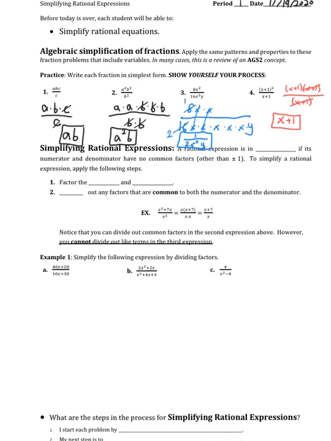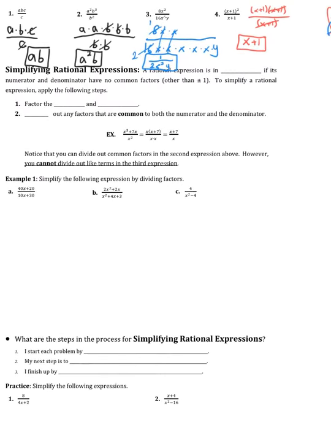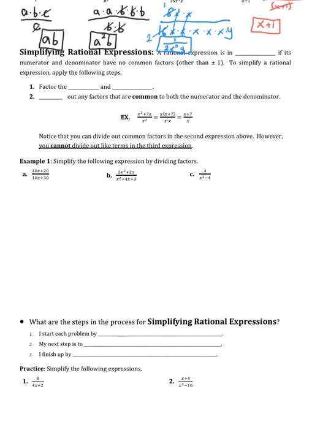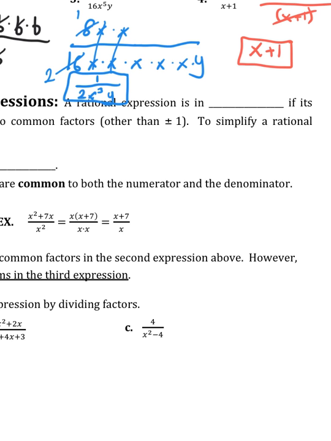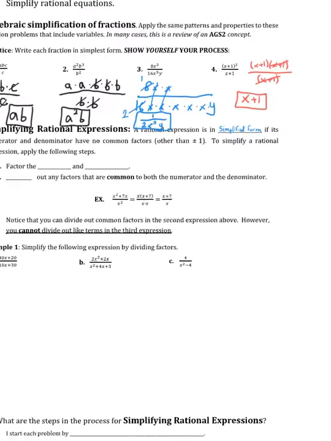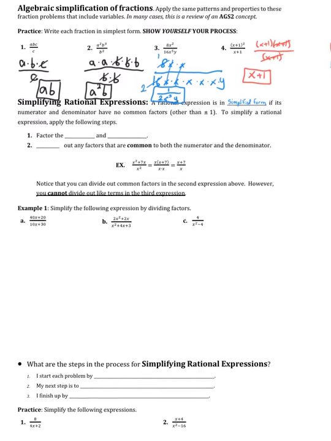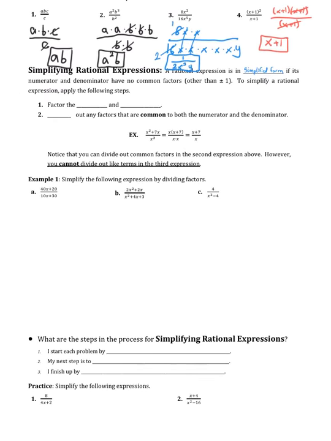Okay, so simplifying rational expressions. A rational expression is going to be in simplified form if its numerator and denominator have no common factors other than plus or minus 1. To simplify a rational expression, we have to apply the following steps.